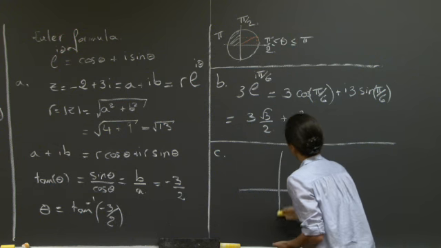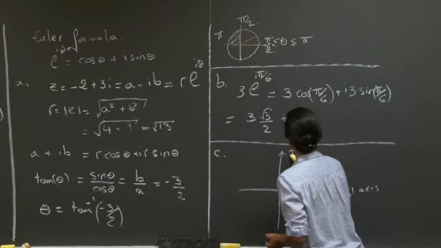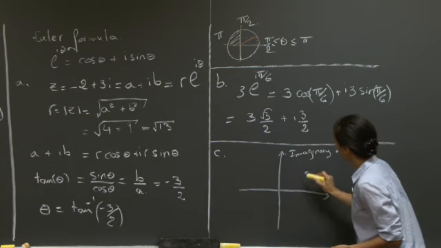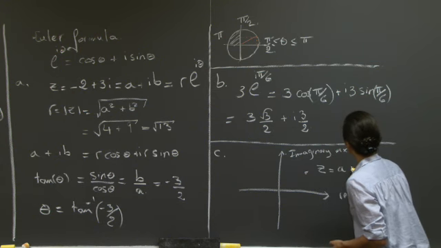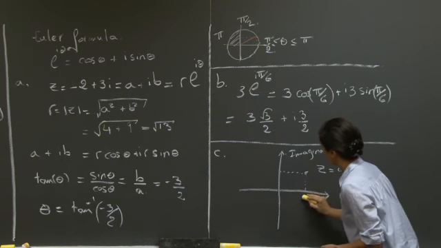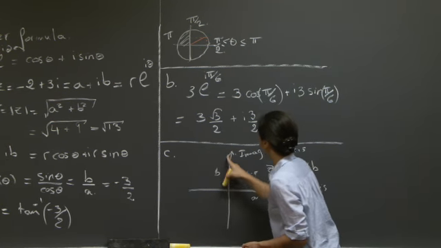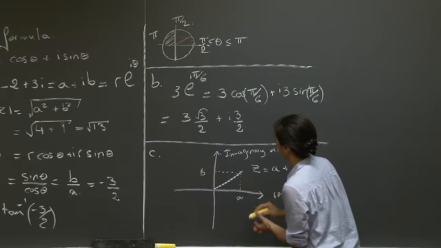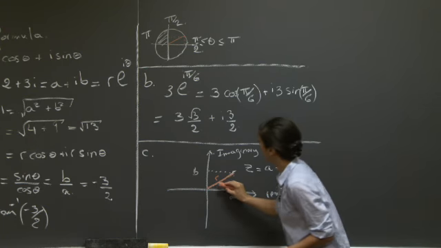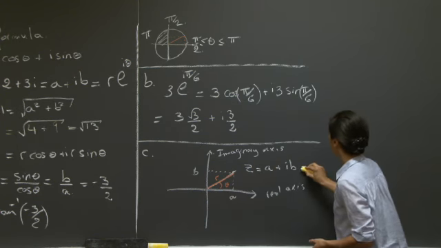So in the complex plane, we have the real axis, the imaginary axis, and a complex number lying on this plane, written in this form in rectangular coordinates, would have a projection of A on the real axis, projection of value B on the imaginary axis, and in polar form, this would be its modulus, or distance from the origin, and its phase theta that would come in the polar form.